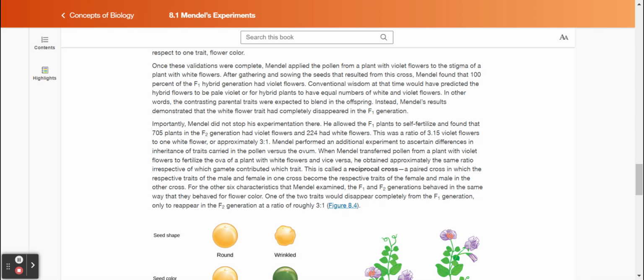Conventional wisdom at that time would have predicted the hybrid flowers to be pale violet, or for hybrid plants to have equal numbers of white and violet flowers. In other words, the contrasting parental traits were expected to blend in the offspring. Instead, Mendel's results demonstrated that the white flower trait had completely disappeared in the F1 generation.